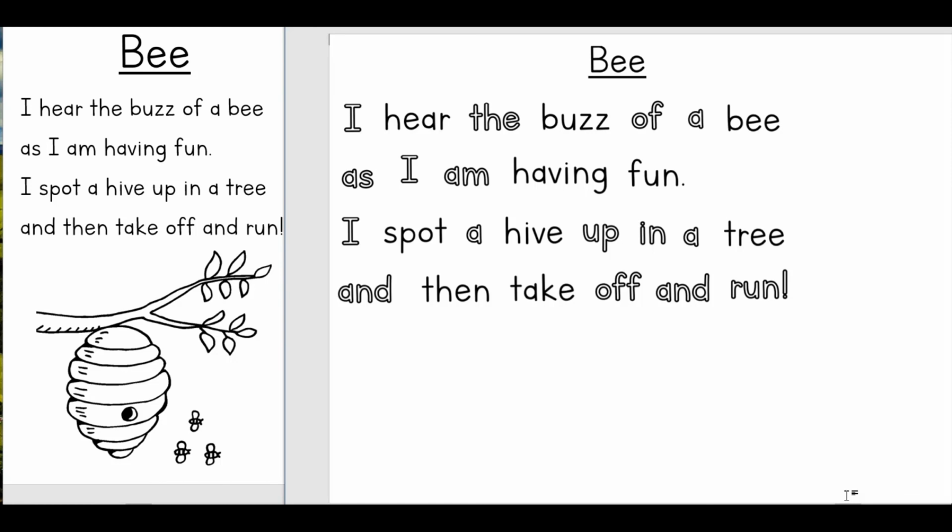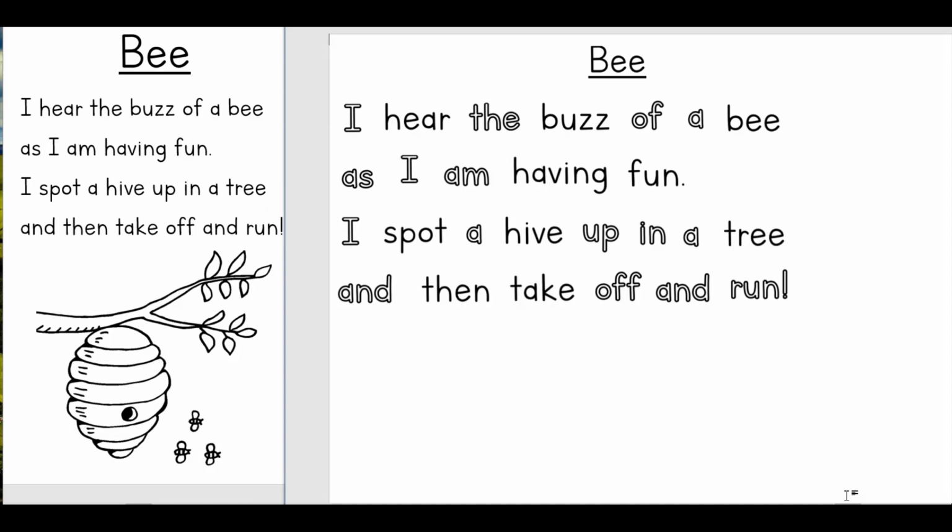All right, so what was the child doing? Was the child washing a car? Was the child mowing the grass? Or was the child having fun? The child was having fun. All right, they saw something in the poem. What did they see?